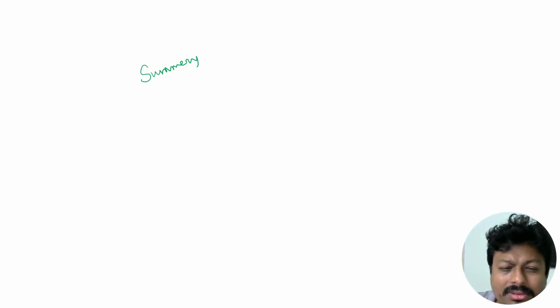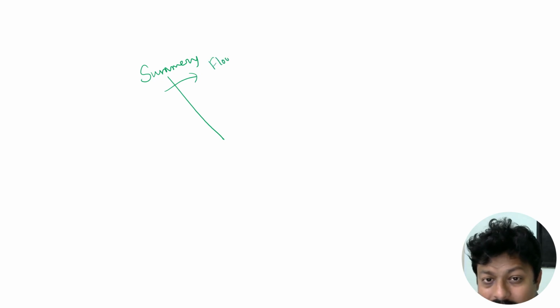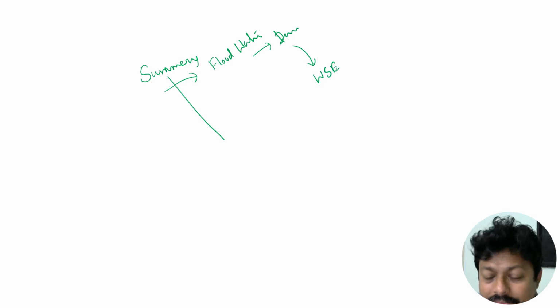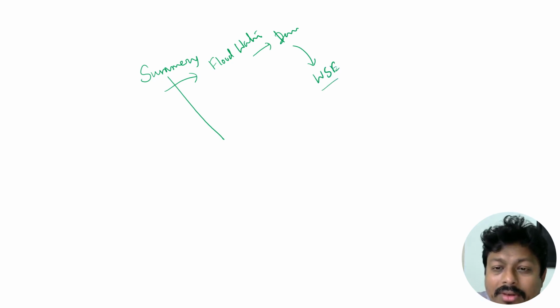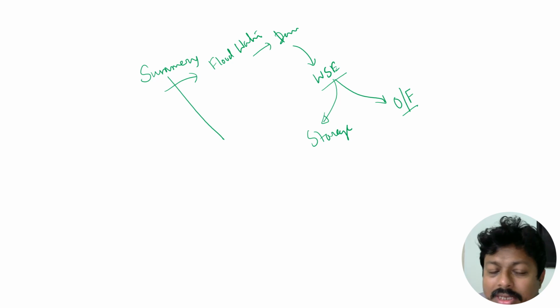So let us start the summary. When flood water is coming inside a dam, it is changing the water surface elevation of the dam, and due to this change in water surface elevation, storage is changing, and if we open the sluice gate, the outflow is changing also.